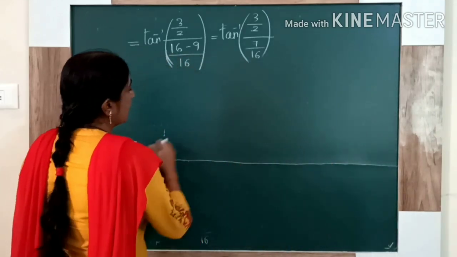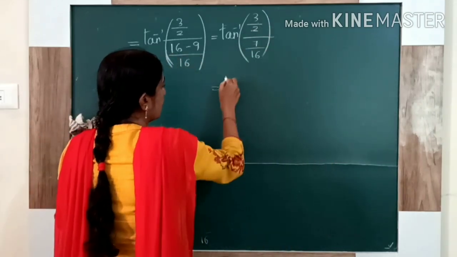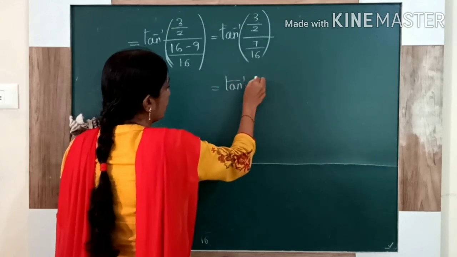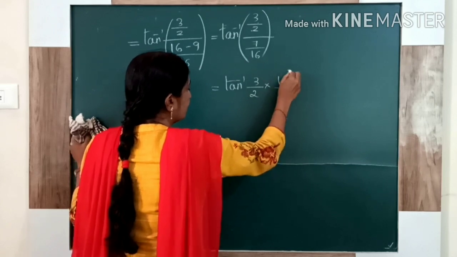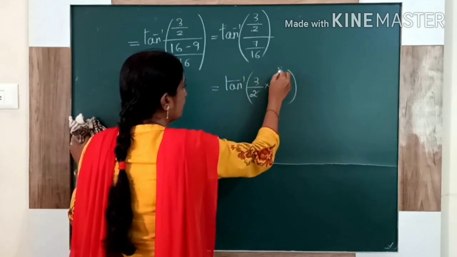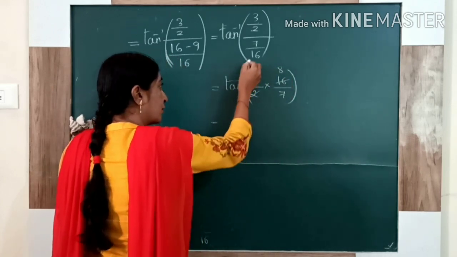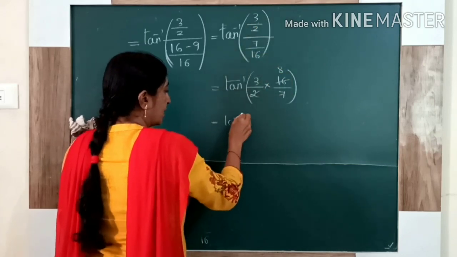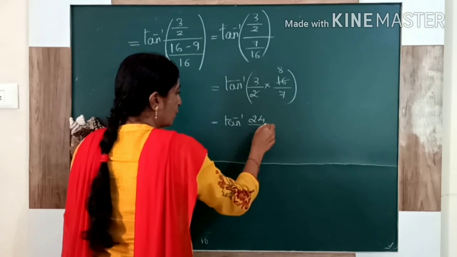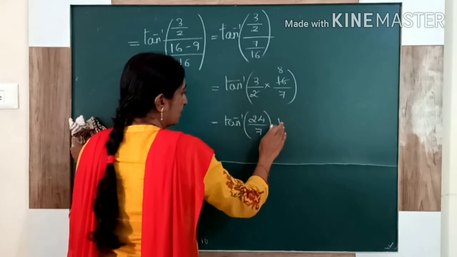Now it will be written as, this is a fraction and this is a fraction. You know, if you have a fraction in the denominator also, you know how to write it. When you take the fraction from the denominator to the numerator, it becomes reversed. Multiply. Tan inverse 24 by 7. That is nothing but RHS.